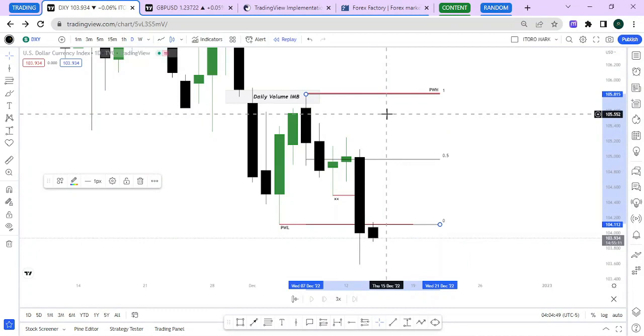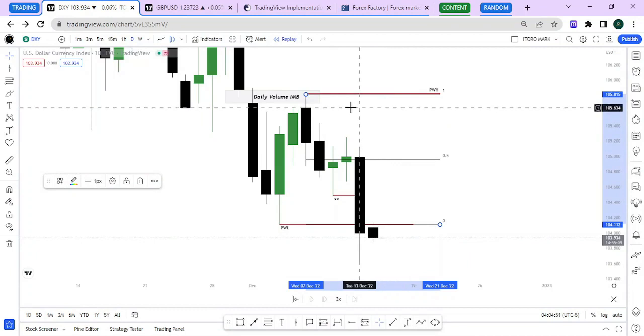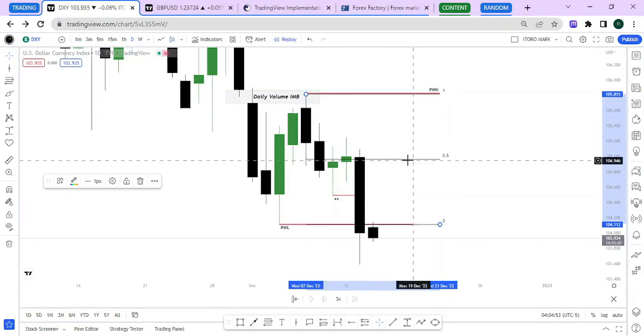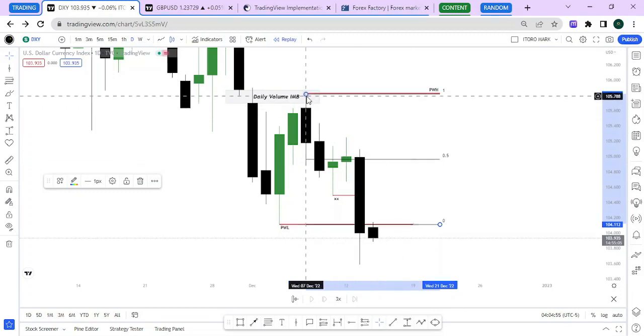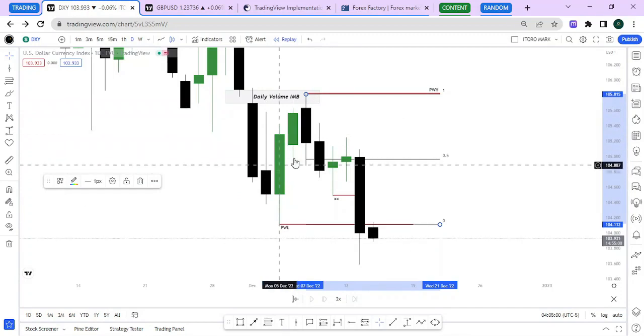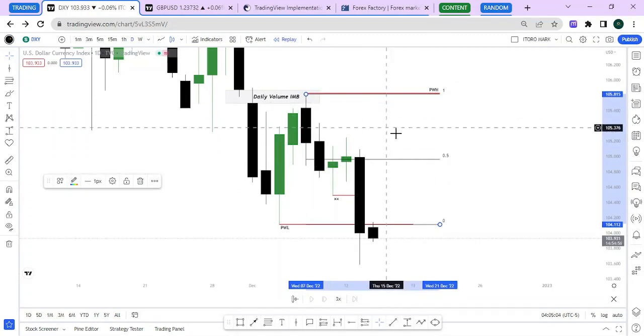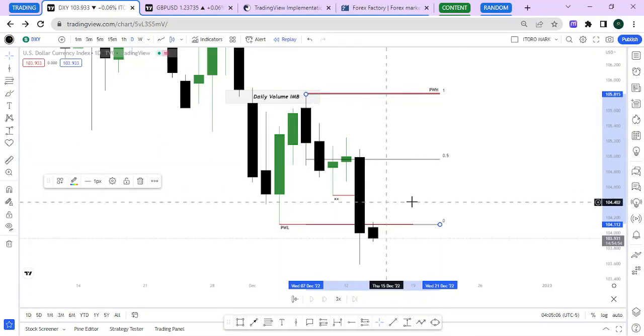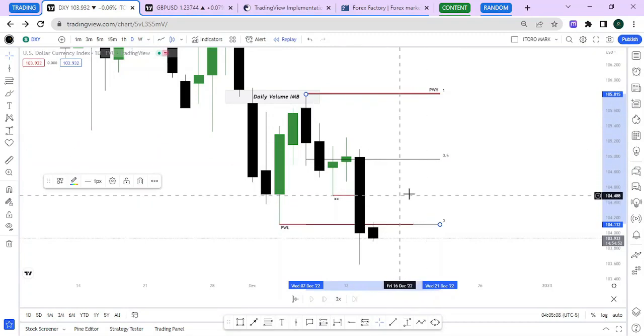Now, some of you might be asking, what's premium and discount? You saw me pull out my FIB tool, and I measured from the high to the low, the swing points here. In between that is equilibrium, and above equilibrium is premium, and below equilibrium is discount.